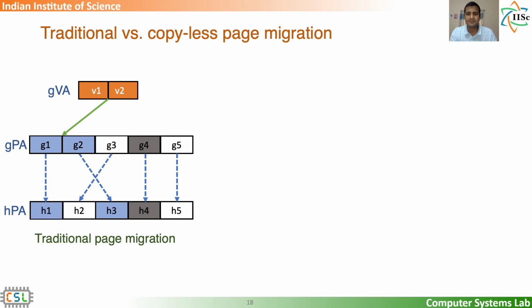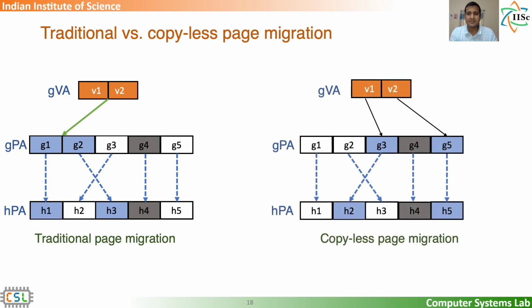The example on the right shows how copyless page migration works. Similar to the example on the left, we have v1 and v2 mapping to g3 and g5. In order to map them to contiguous page frames g1 and g2, we first unmap v1 and v2. Then we exchange the page table mappings of g1 and g3 in the host physical address space.